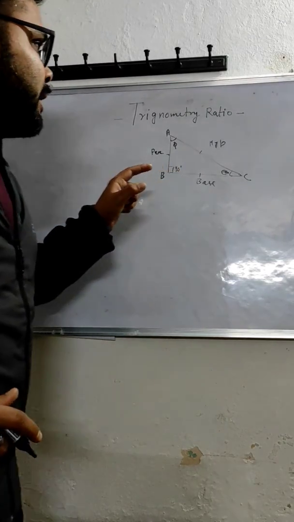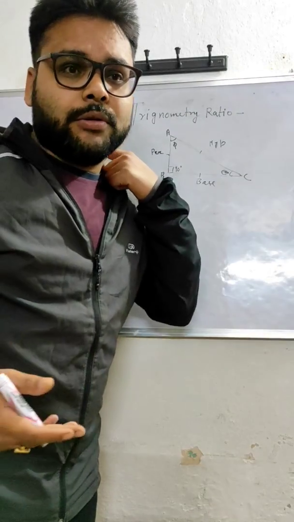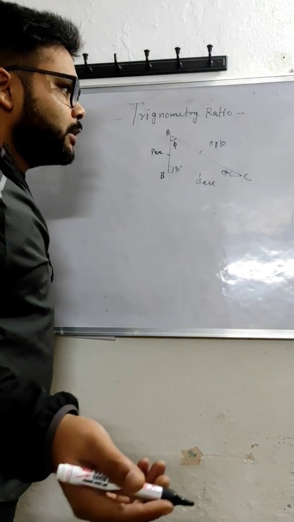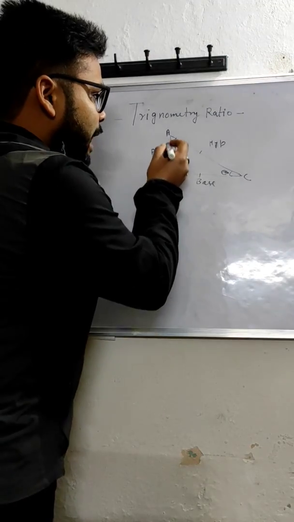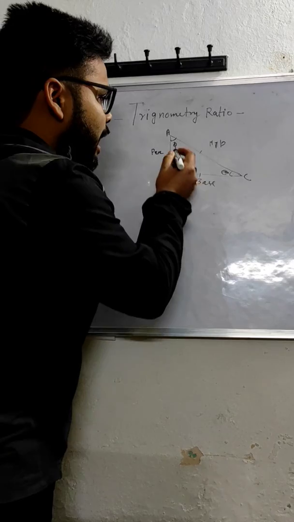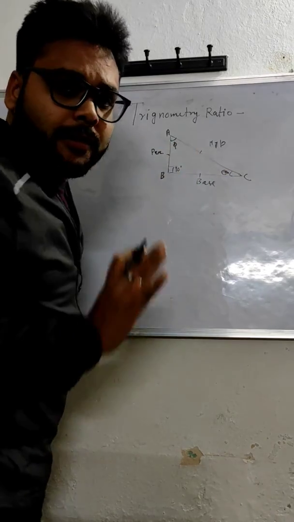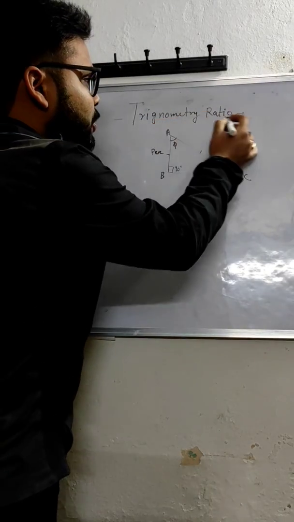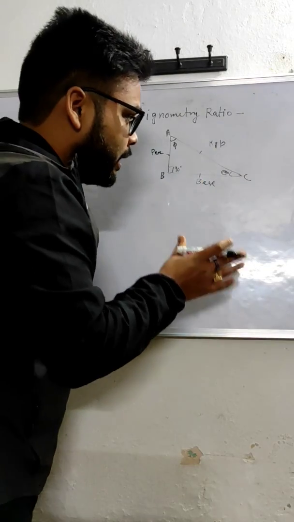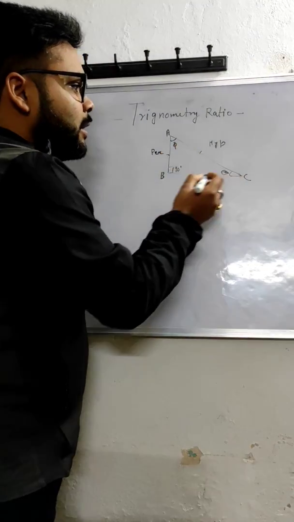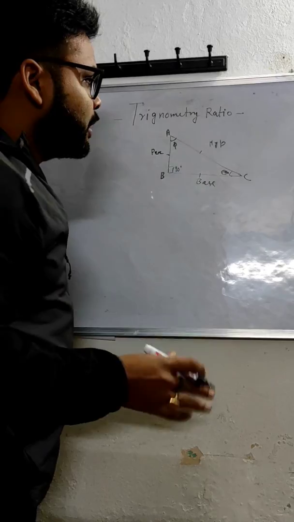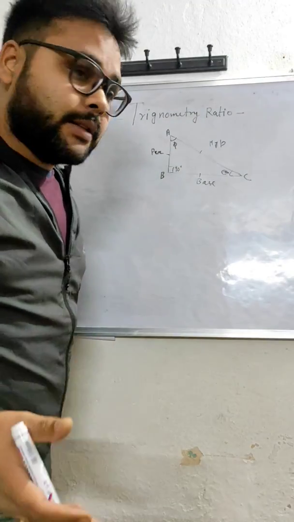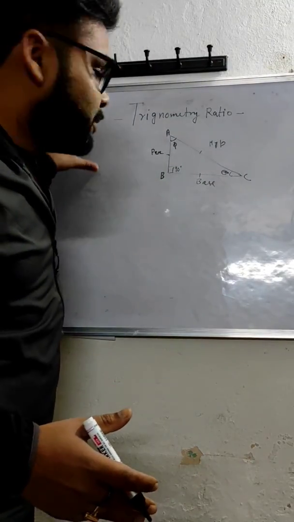So now this is trigonometry. Now I am going to explain what trigonometry ratios are. Basically, trigonometry ratios are the relation between the three angles and three sides of a triangle. There are some parameters we should understand and learn.